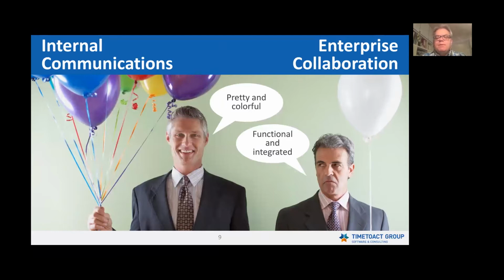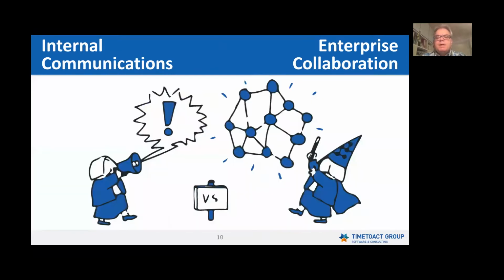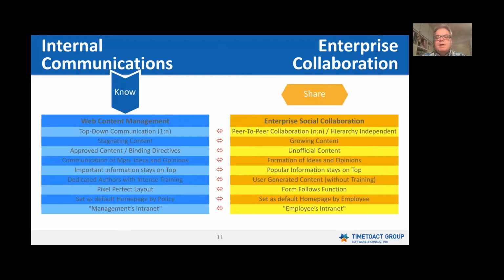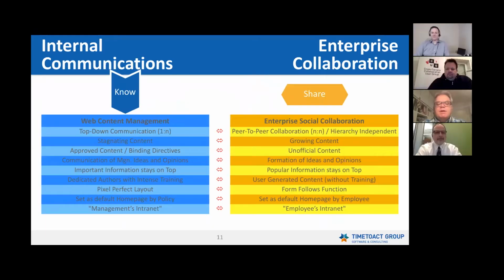The problem, of course, is that when you have two completely different intranets, the one is in the propaganda mode, the other one is trying to create networks, that they are competing with each other. They do have different requirements. The one is about top-down communication, the other one is about peer-to-peer collaboration.